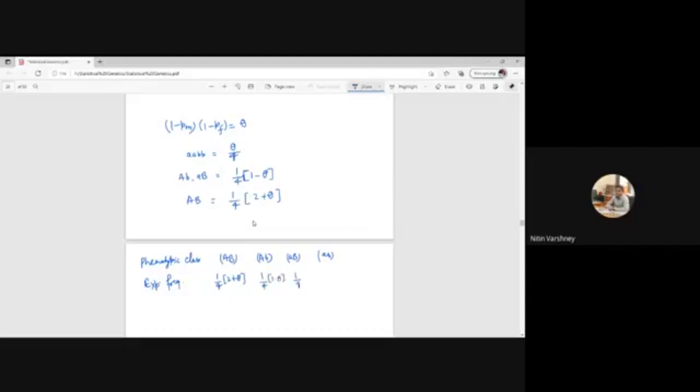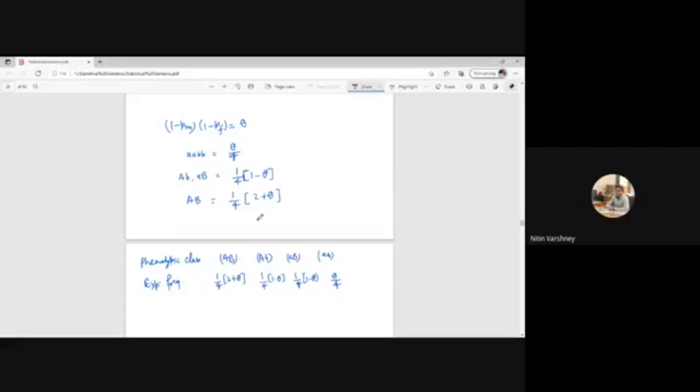This is also 1 by 4, 1 minus theta, and this is theta by 4. So from this we will calculate our different methods of estimation.